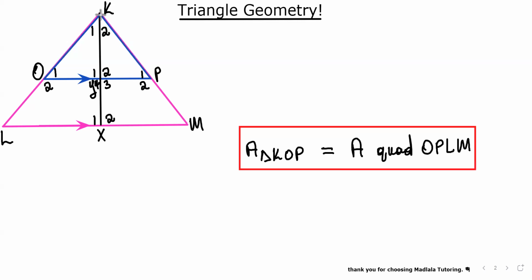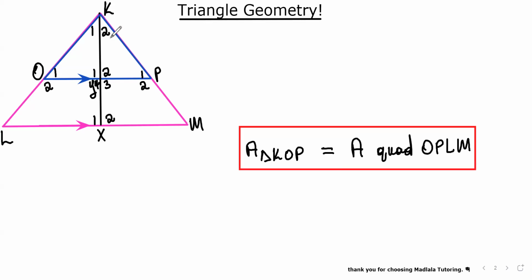Yes, the area of this triangle is equal to the area of the quadrilateral. And of course, there is only one quadrilateral here, and this is it. Well, that's fine. Now, furthermore, they say KYX.